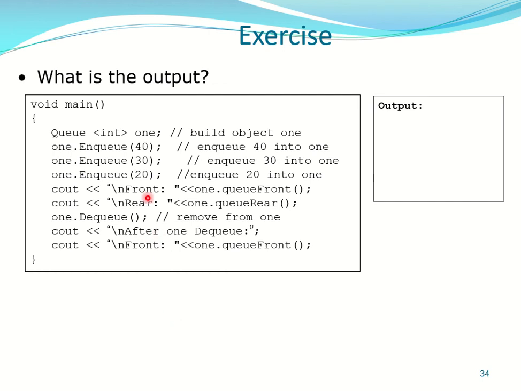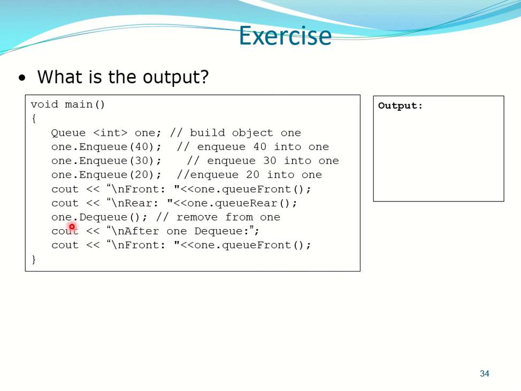So this is the exercise. Now, you have a main function. You have already implemented the class queue. Then you create an object of type integer queue, and then you enqueue 40, 30, 20 into the object. Then what will be the front? 40. What will be the rear? 20.